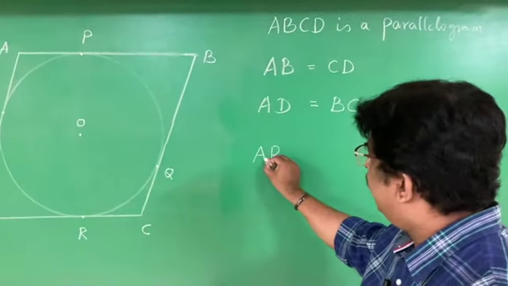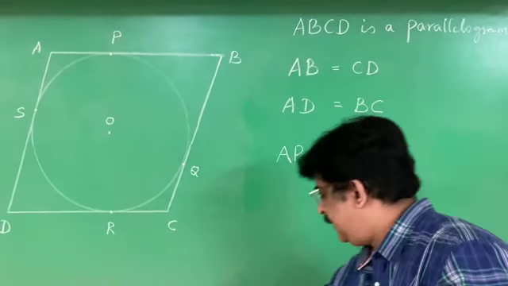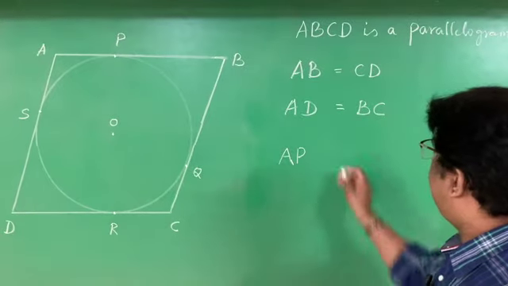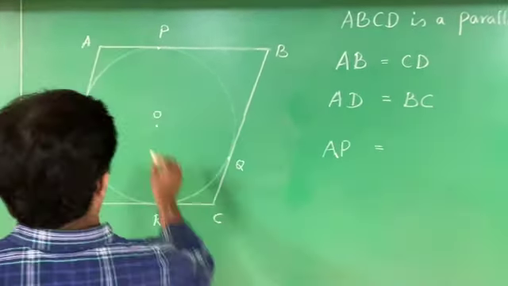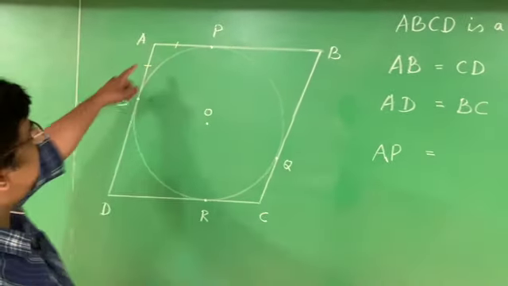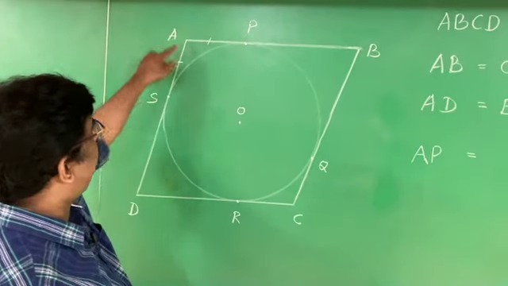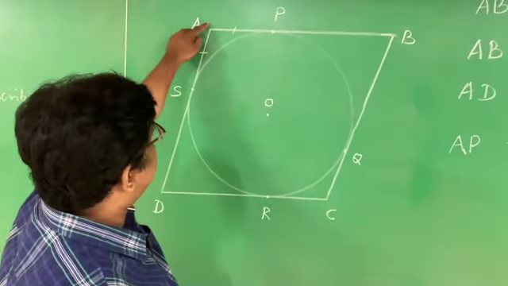Here AP is equal to AS, because tangents drawn to a circle from an external point are equal according to the theorem. A is an external point.